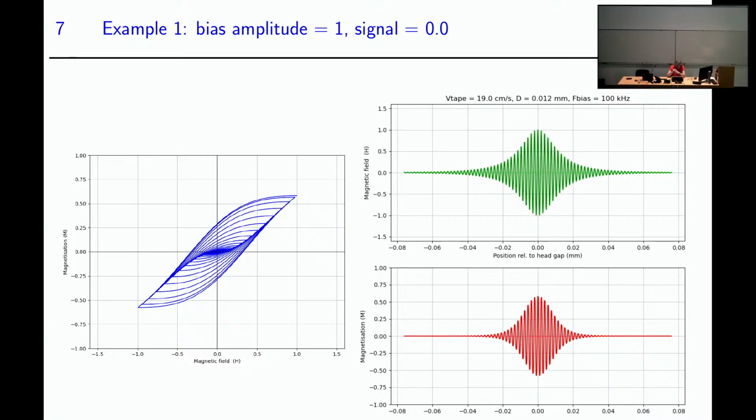Here what we see is the bias signal and no audio signal, just this high frequency bias. Then the magnetic field looks like the green curve, and what happens on the tape will look like the red curve. So it will converge to a value, which in this case is 0.